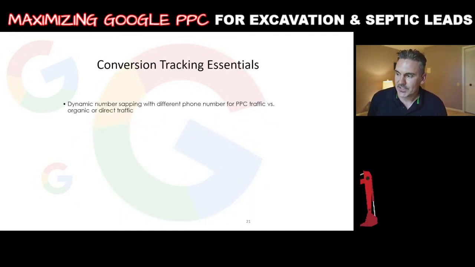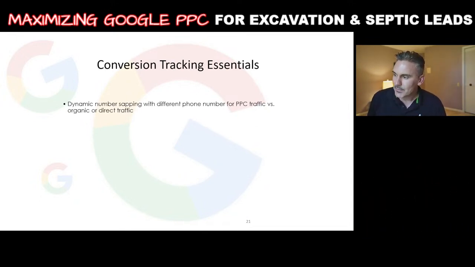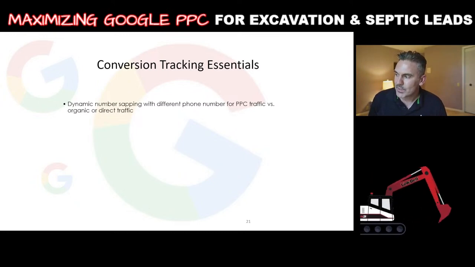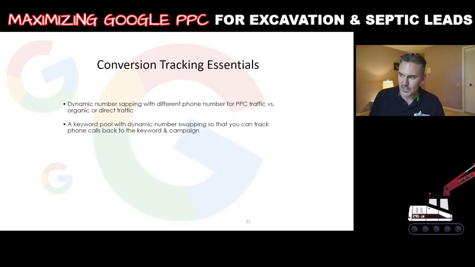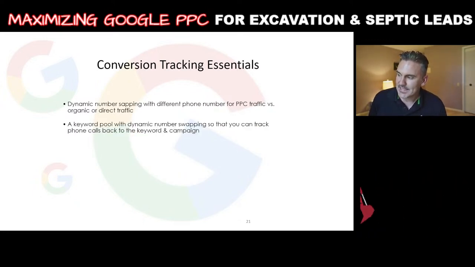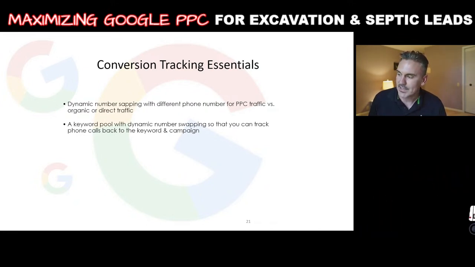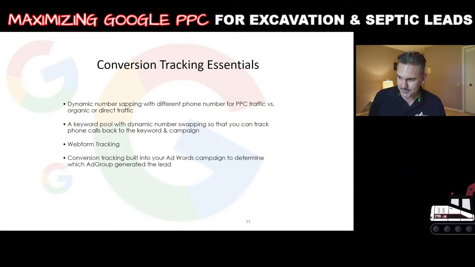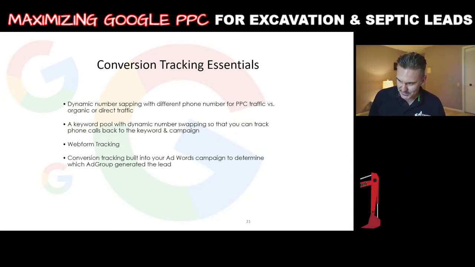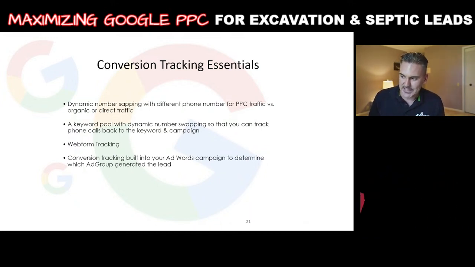Here are some essentials of conversion tracking for excavation and septic companies. Dynamic number swapping with different phone numbers for pay-per-click traffic versus organic or direct traffic. You can use a keyword pool with dynamic number swapping so that you can track phone calls based on the keyword and campaign. You can use web form tracking and conversion tracking built into your AdWords campaign to determine which ad group generated the lead.